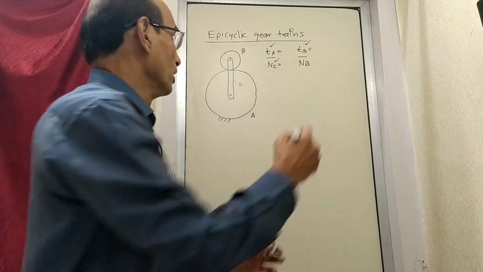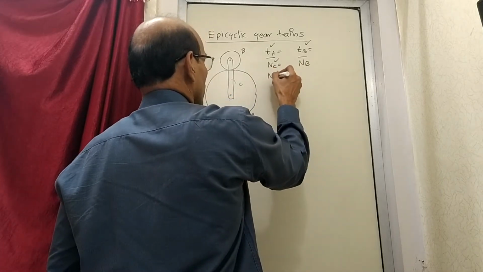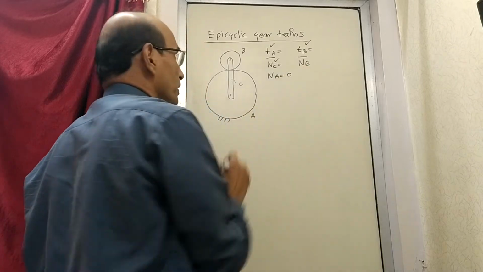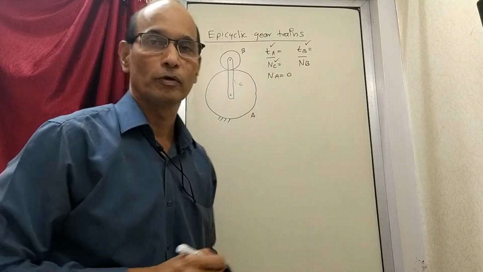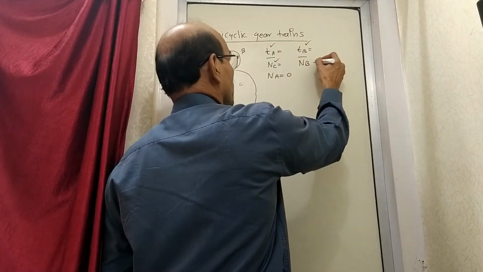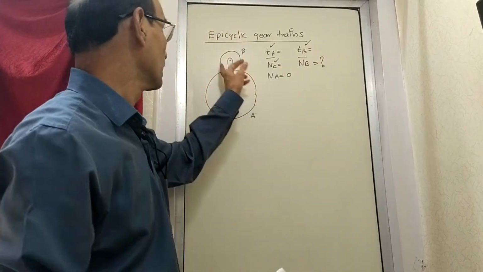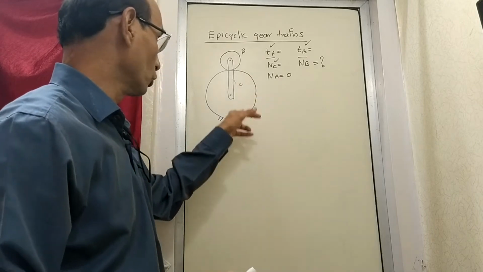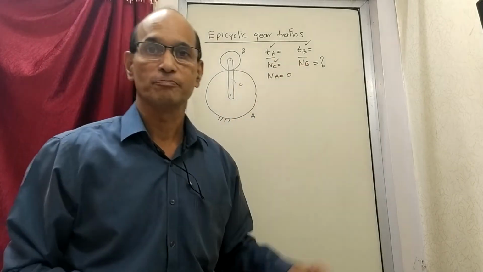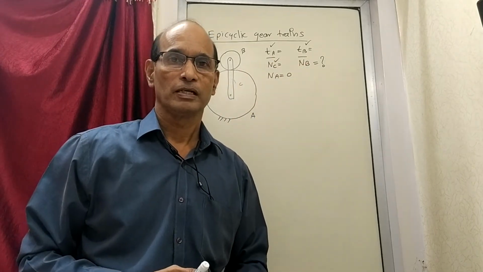And of course, the speed of A is given as 0 because it is fixed. Under this condition, how are we going to find out the speed of B? That is the exercise. We know that this gear B is going to roll like this. When it rolls like this, what is going to be its speed? That is what we have to find out.